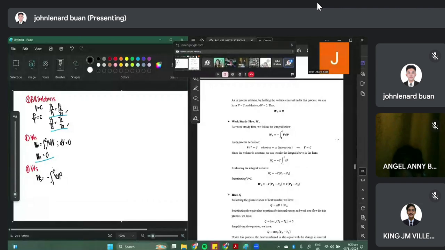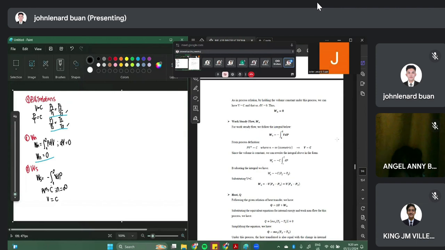Whereas we all know that PV raised to n is equal to C, where n is equal to infinity, which implies constant volume. From this, we can say that volume is equal to C, or volume is constant.